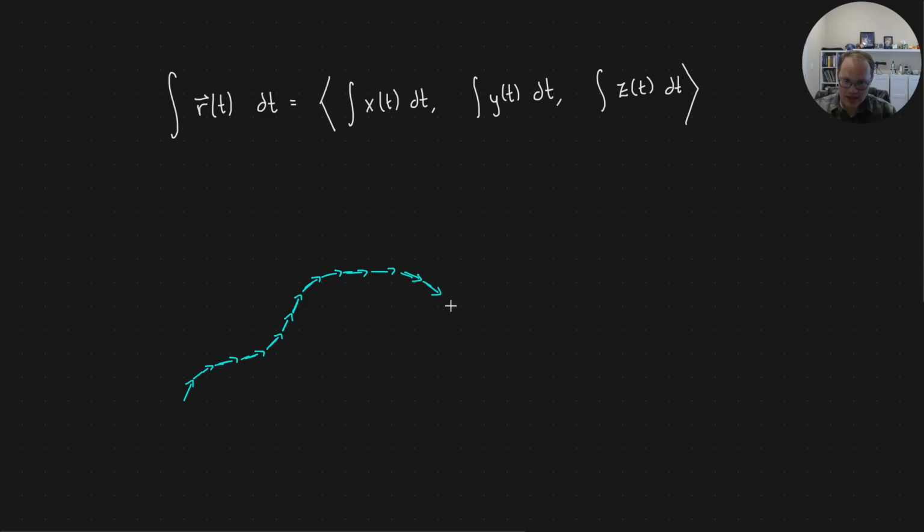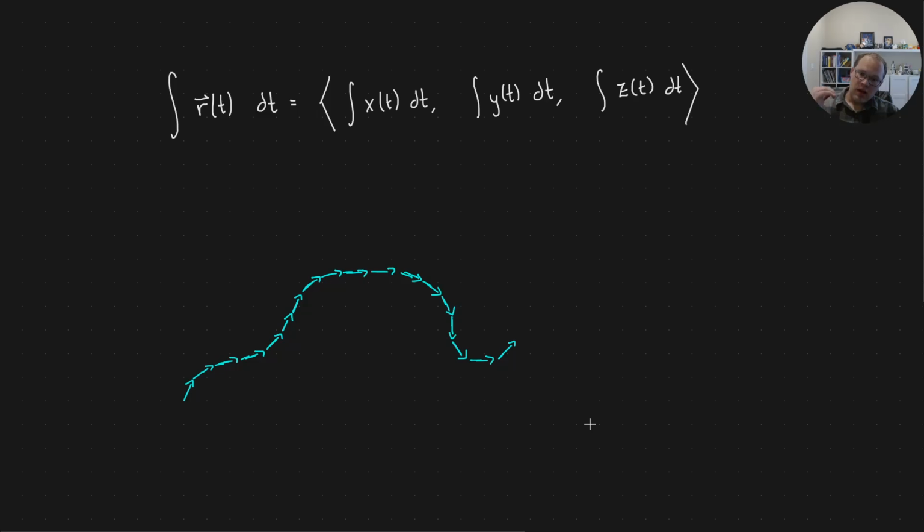So it undoes what we do with derivatives, just like in the single variable case. In the single variable case, if we take the indefinite integral of a derivative, we get back the original function, plus or minus a constant, right? Same thing with vector valued functions.